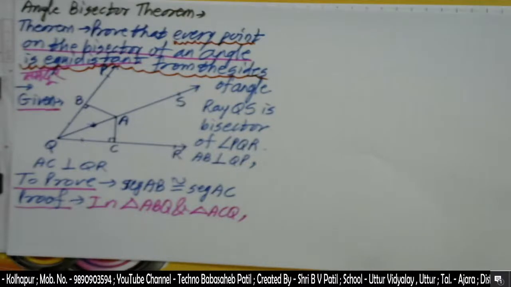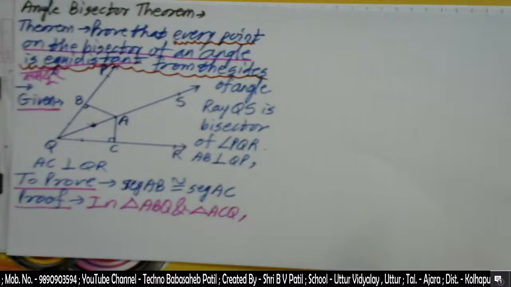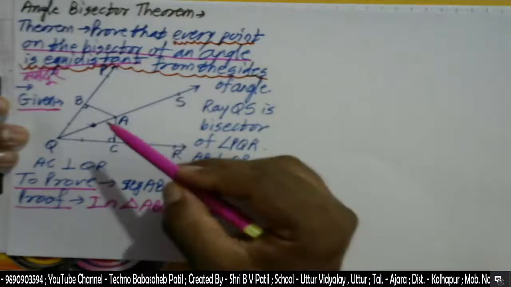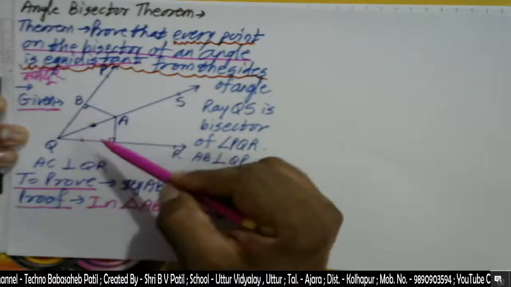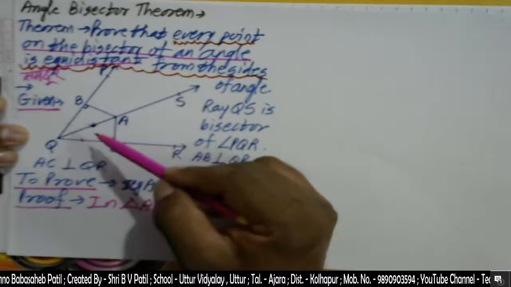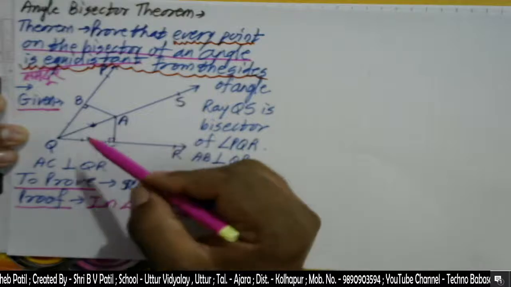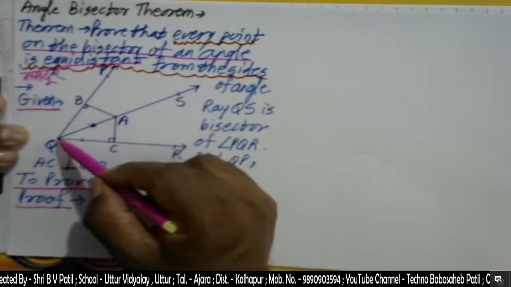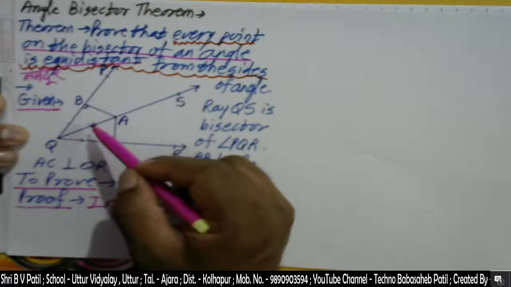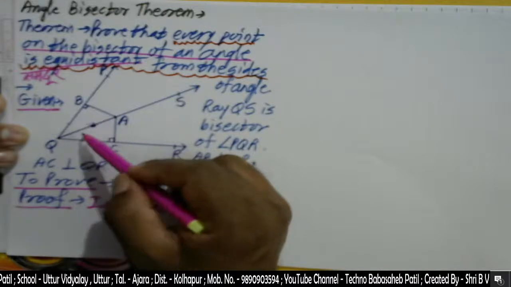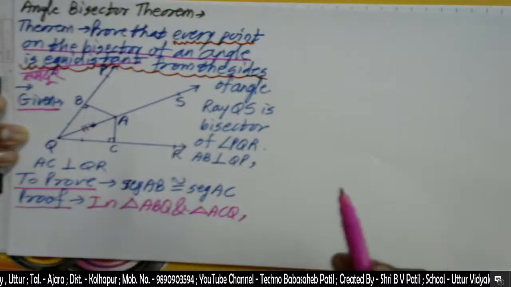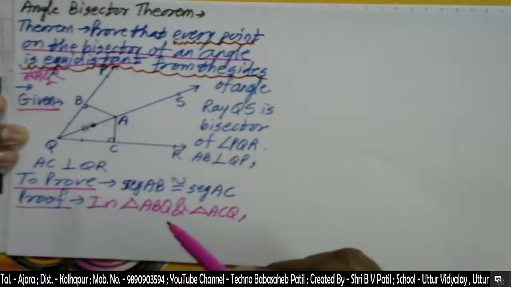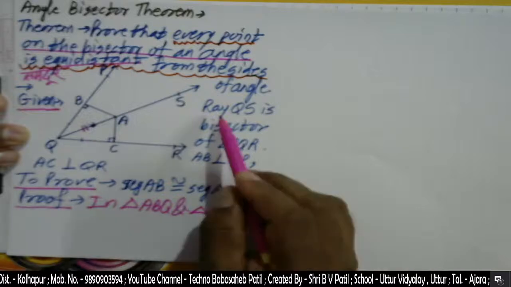What we write? First, these angles are congruent. First condition we get here because each is 90 degree. Second condition is this QA present in both triangles, means QA is common side. And third condition is ray QS is bisector.